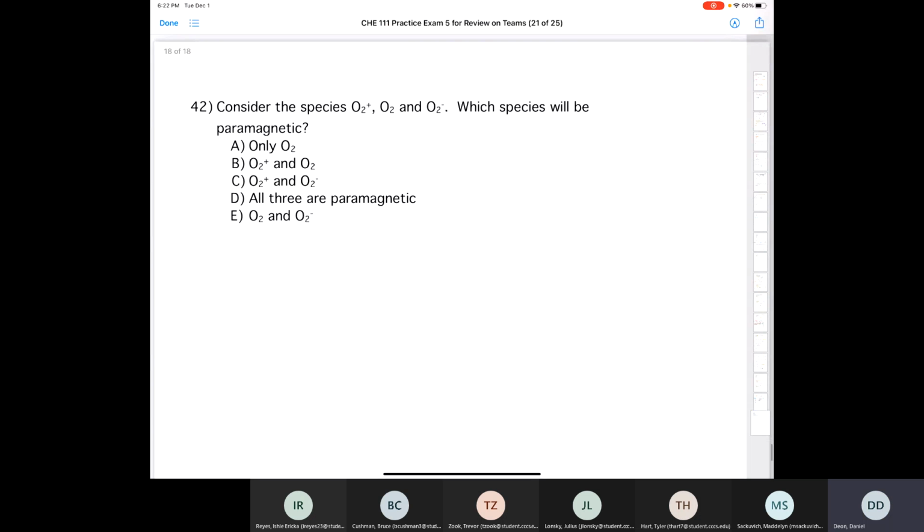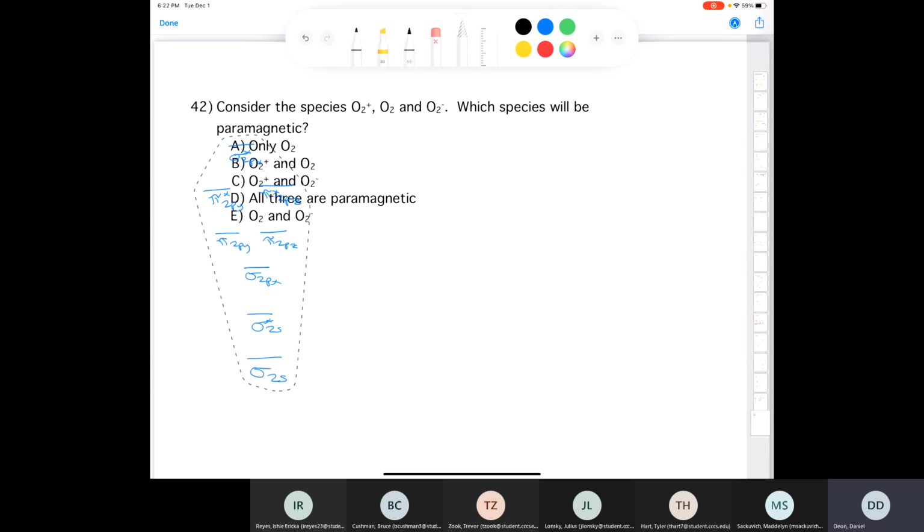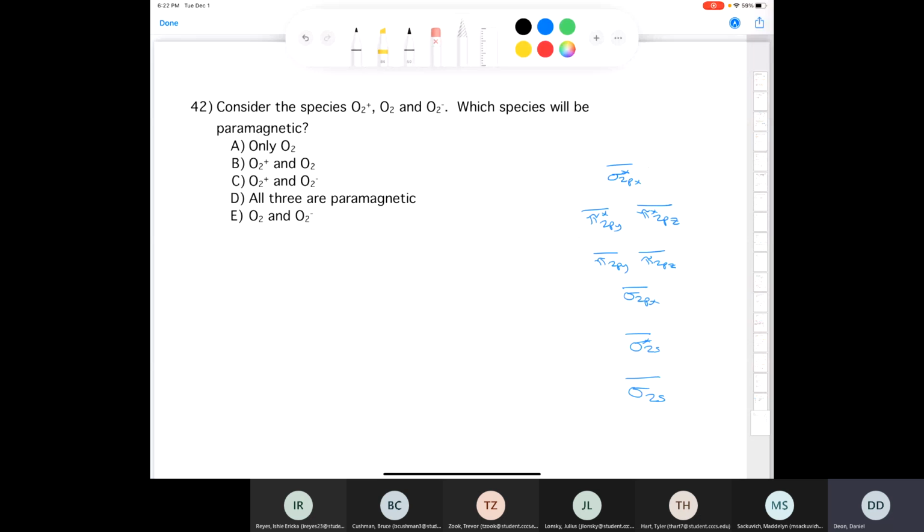Question 42, consider the species O2 plus, oxygen, and O2 minus. Which species will be paramagnetic? Remember, in order for something to be paramagnetic, it's got to have unpaired electrons.